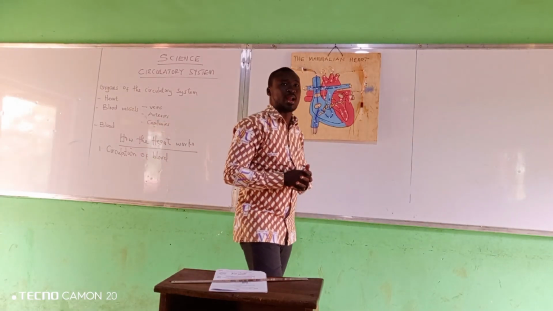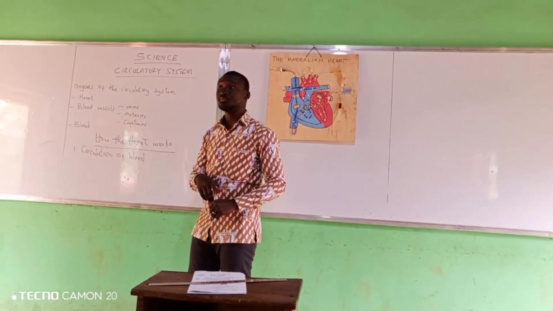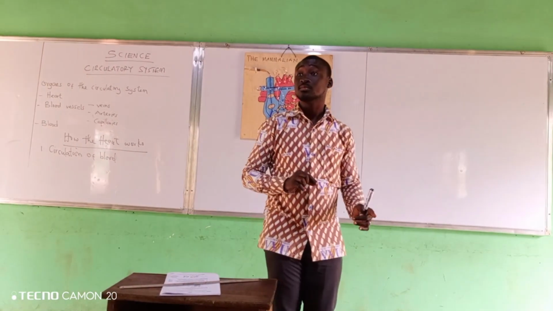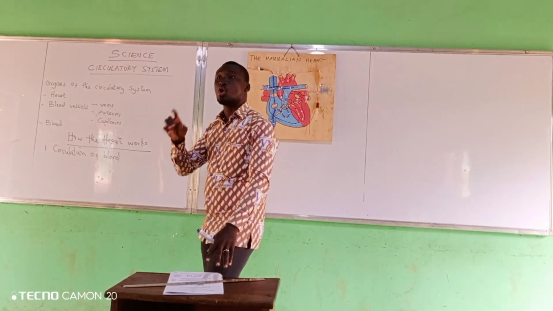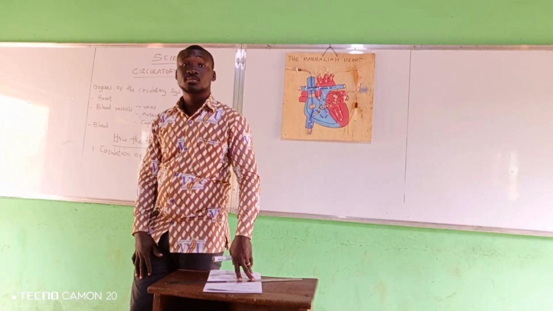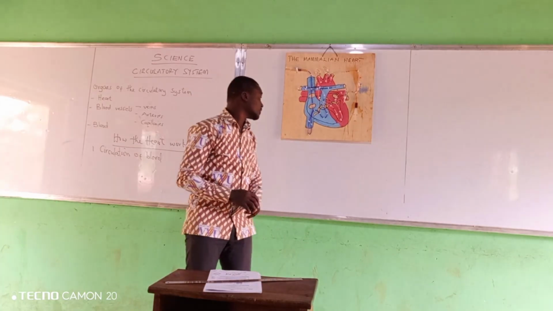We learned that whenever two or more organs come together, it forms what? Systems. So when systems come together, what happens? They form an organism. That's correct.